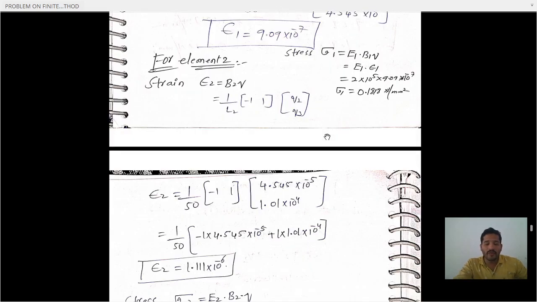After getting the value of stress and strain for the first element, after that we need to find out the stress and strain for the second element.